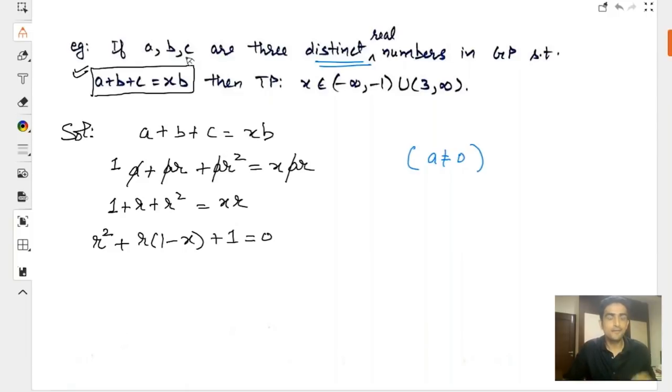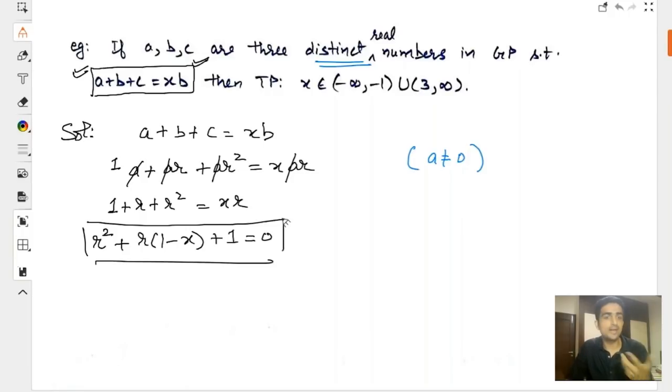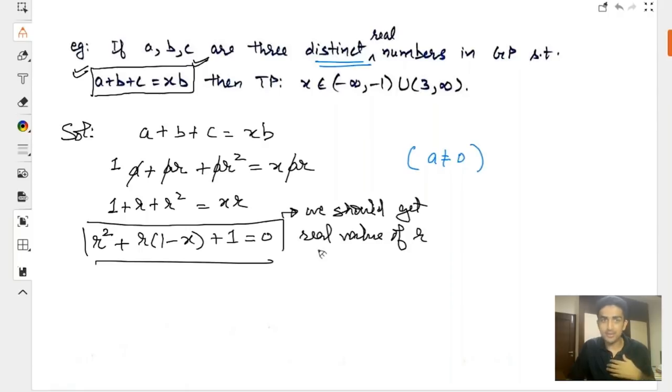Point is, we are given that such numbers A, B, C in GP exist for which this holds. It means from here we should be able to find R. We should get the real value of R because we are given such ABC exist which satisfy this condition.